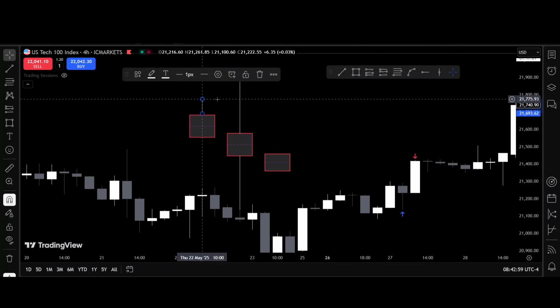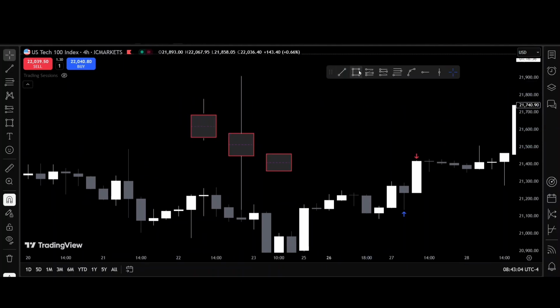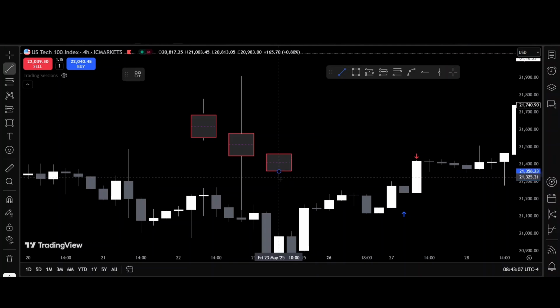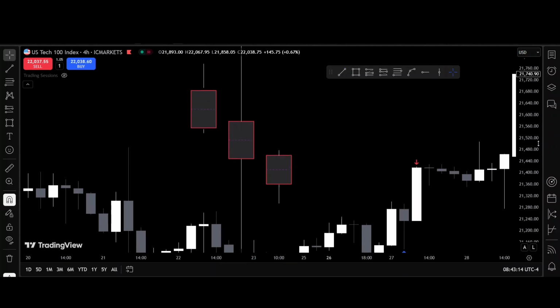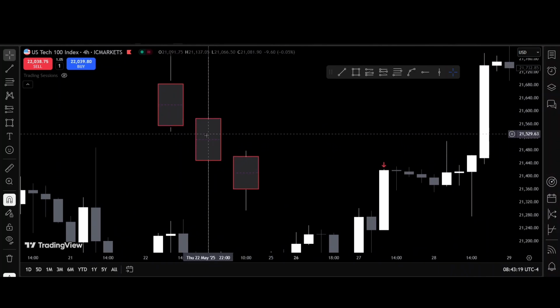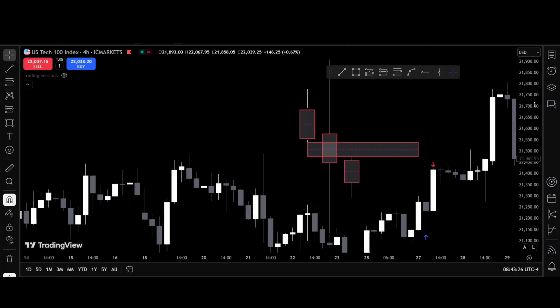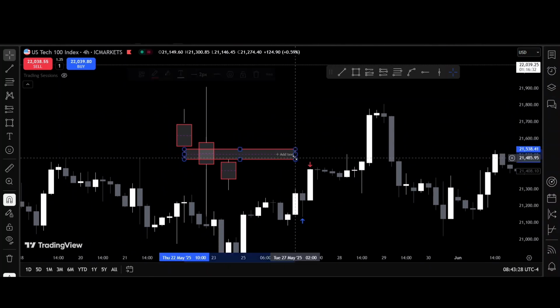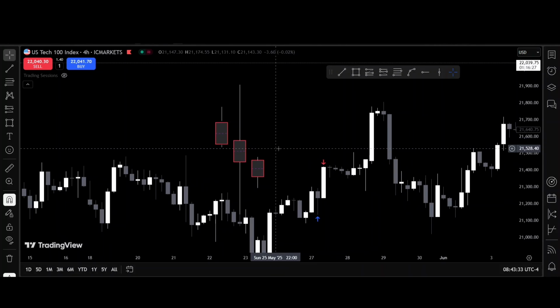As long as the wicks of the first candle and the third candle don't overlap in the second candle's body, this is still a fair value gap. You got it? You got it, Timmy? You got it, Jimmy? You got it, Tommy? Got it, Ben?